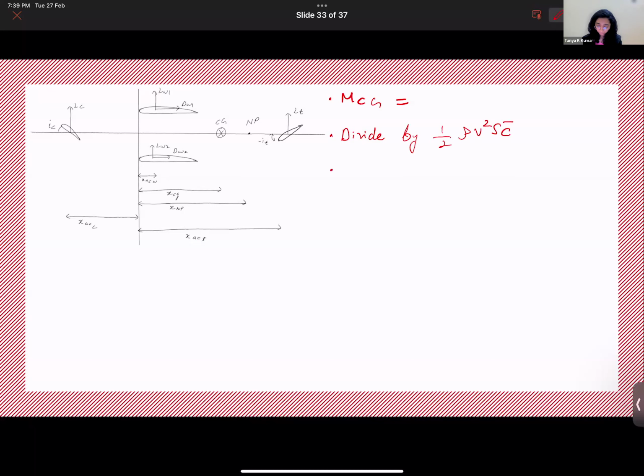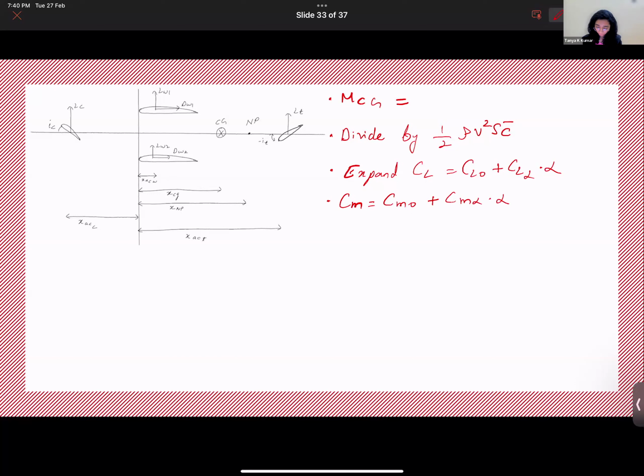Next step, expand CL equals CL naught plus CL alpha into alpha, not just for the wing, for all the cases. So I'm just writing the general thing. Then your CM equation is CM naught plus CM alpha into alpha. You need to get it into this form.